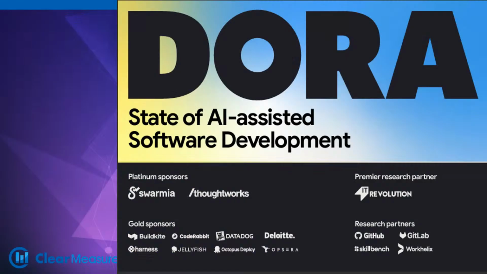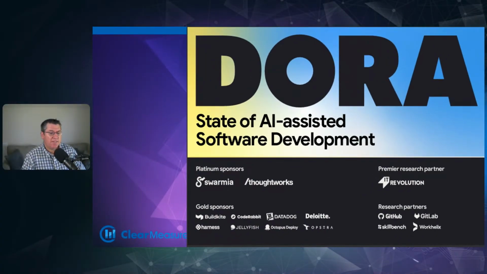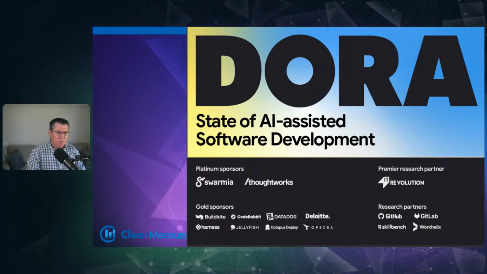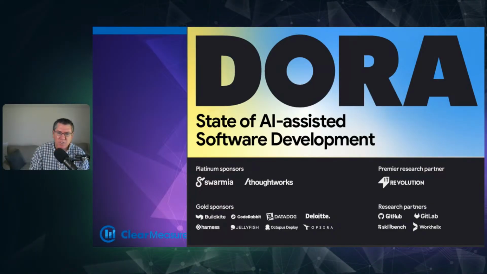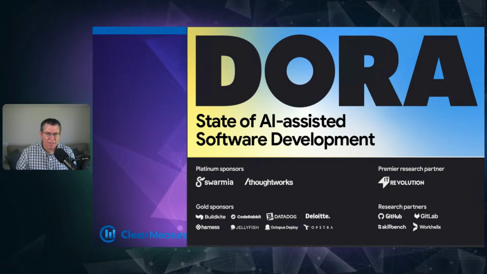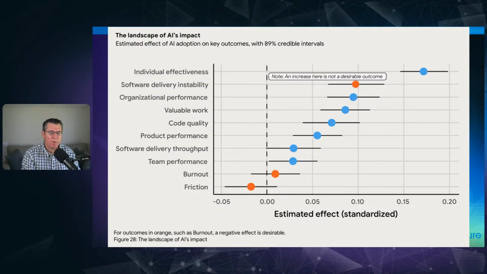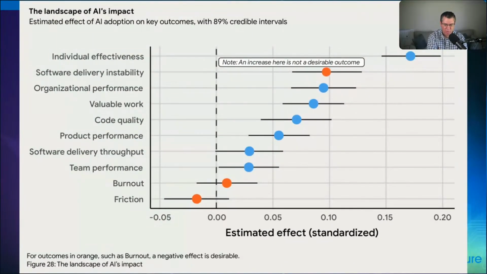All right, I do want to call your attention to the DORA State of AI-Assisted Software Development report for 2025, and Octopus Deploy is one of the gold sponsors for that report. And I'm just going to pull up a little bit of what was in that report. Now, this is 2025. There's also some reports from 2024.